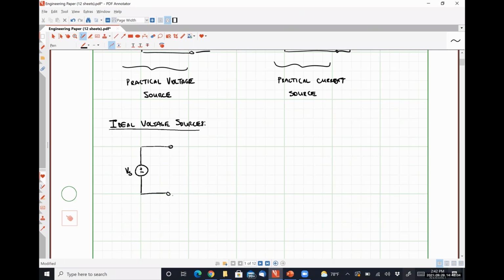Is there any resistance value that causes me a problem? So if I connect a resistor, some load resistance like so across it, and I measure some voltage VL across my load resistor and some current IL flowing through my load resistor, is there any value for RL that makes this break?